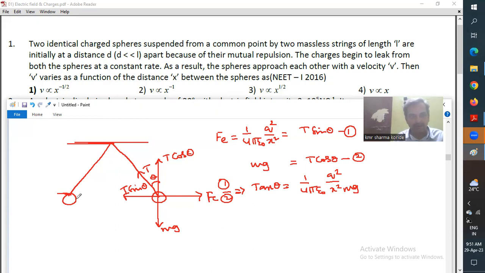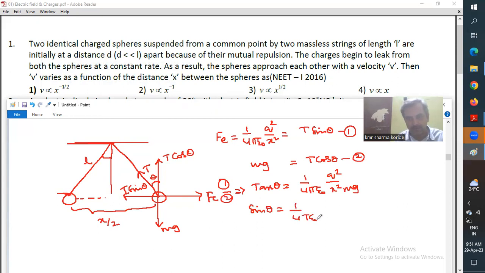Suppose after leakage the spheres are coming towards each other, so they will finally be at a distance of x by 2. Therefore theta decreases. There is a provision in trigonometry in case theta is reducing, so tan theta can be replaced with sin theta.